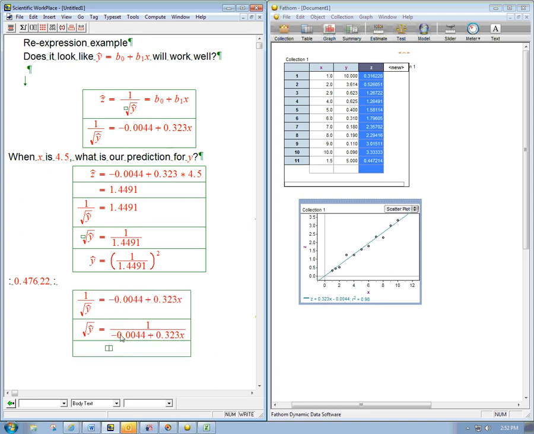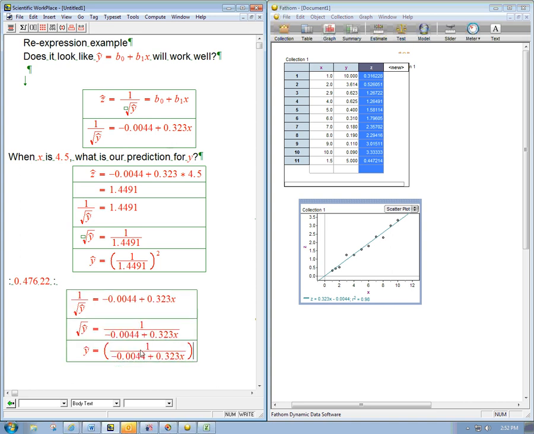And then y hat itself, I don't want the whole thing, let me just delete the square root, is all that stuff squared. It's a more complicated formula, but it fits the data pretty well. It looks like it's 1 over some linear function of x, all squared. Still, we can plug in x to our heart's content and get predictions for y without a problem.